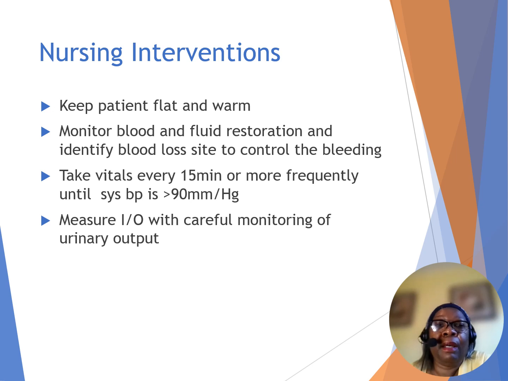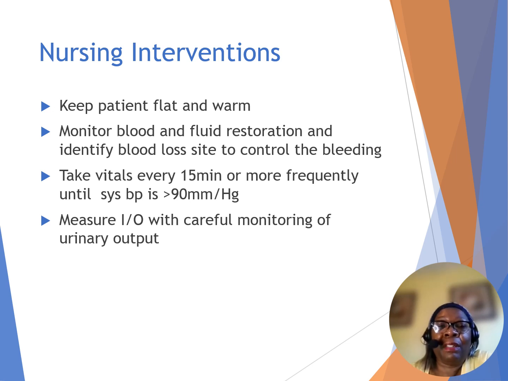As the blood loss increases more, the systolic pressure falls to less than 90 millimeters of mercury, and the pulse increases to more than 120. When you have a low blood pressure and a high heart rate, we call that shocky. Your patient is looking a little shocky.